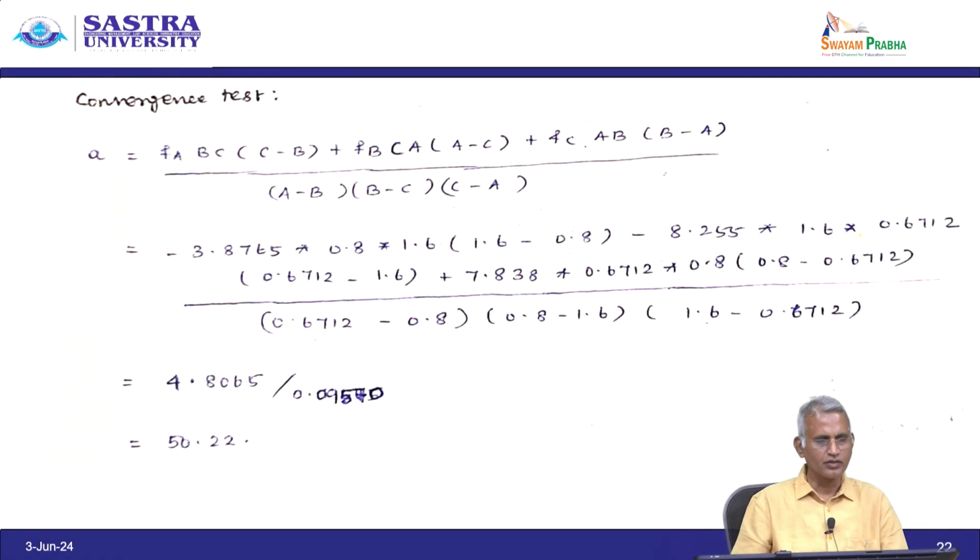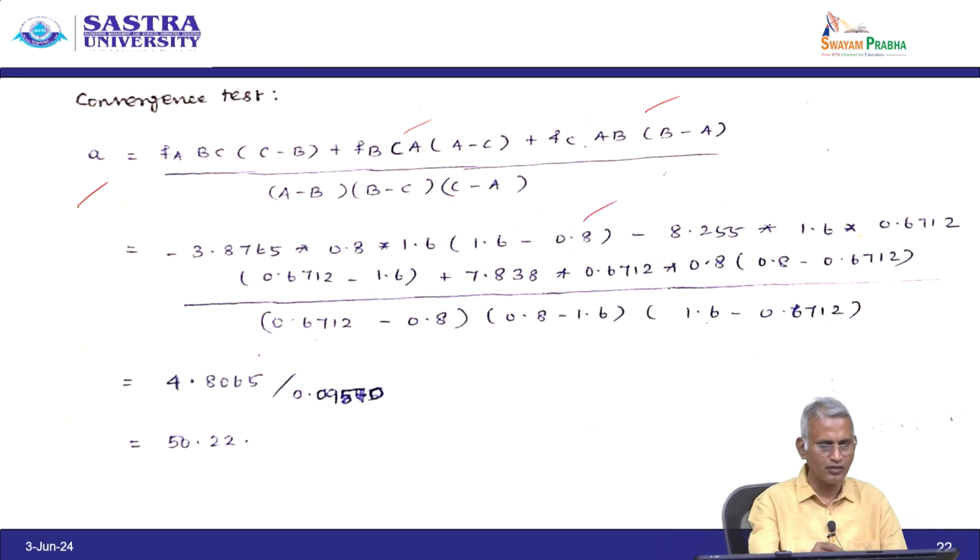Now, making use of this, we have to test the convergence. So, the rule for convergence is a equal to fa into bc into (c minus b) plus fb into ca into (a minus b) plus fc into ab into (b minus a) divided by (a minus b) into (b minus c) into (c minus a), and you know the values of a, b, c and fa, fb, fc also you know.